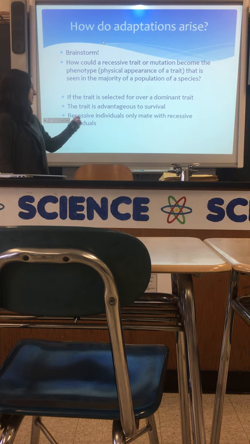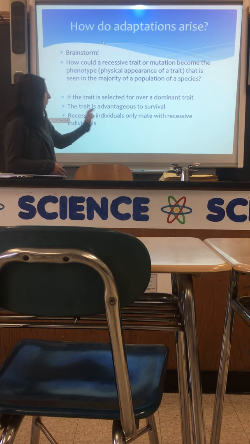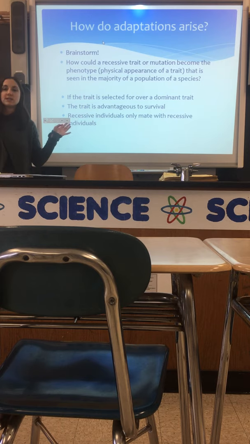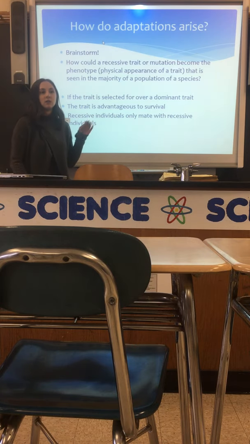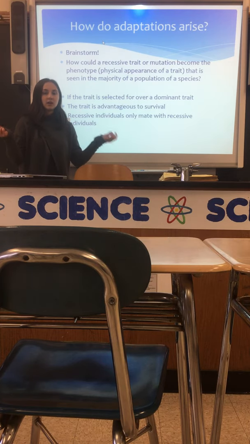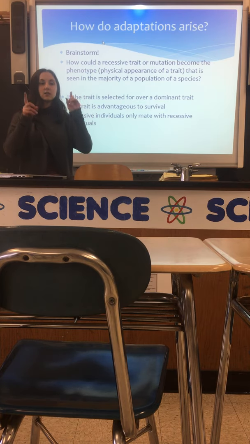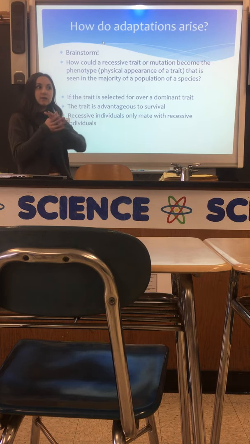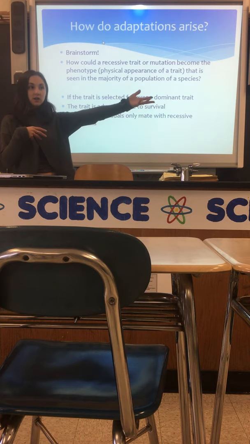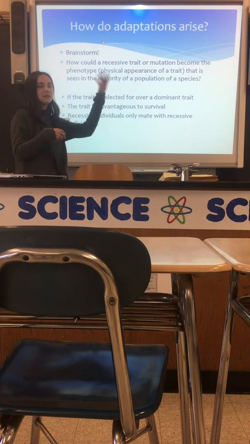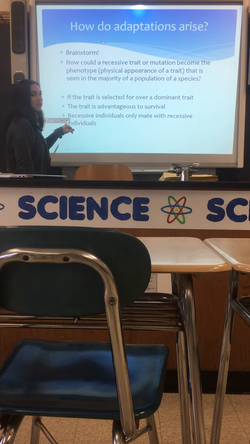And if these recessive individuals who inherit this recessive trait are only mating with other individuals that possess that recessive trait, remember how we said that a recessive trait can only show up if the individual is receiving two recessive alleles from their parents. So two recessive versions will always give you an offspring that portrays that recessive trait.